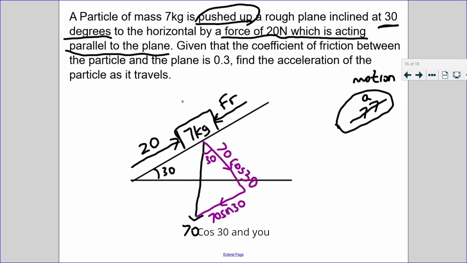And you also have your normal reaction going upwards. Now that we've got all the forces, we start off with F equals ma.